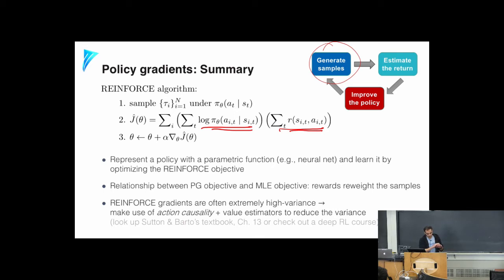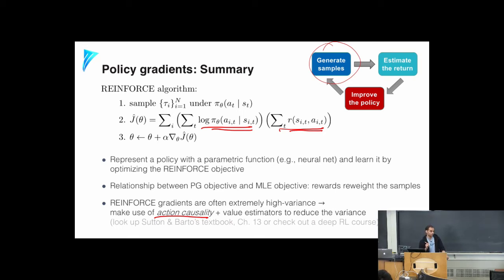So a better way would be to rewrite this objective and take into account this action causality, as well as try to reduce the variance of this estimator using some value function estimators. There is a way to have a value function estimator that you can be fitting along the way, and then plug it into the objective function. This is what actor-critic algorithms are trying to accomplish.